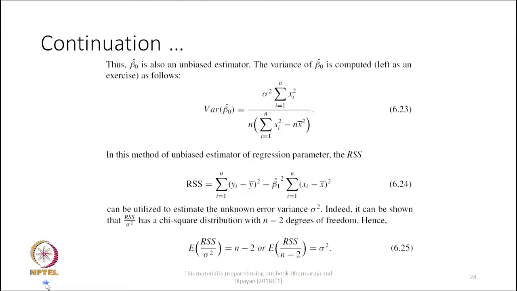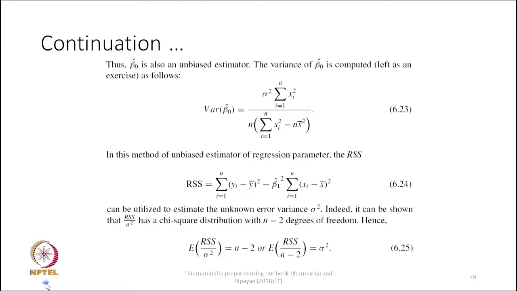using the properties of chi-square distribution, you can say the expectation of the residual sum of squares divided by sigma square is going to be n minus 2, or one can say the expectation of the residual sum of squares divided by n minus 2 is going to be sigma square.